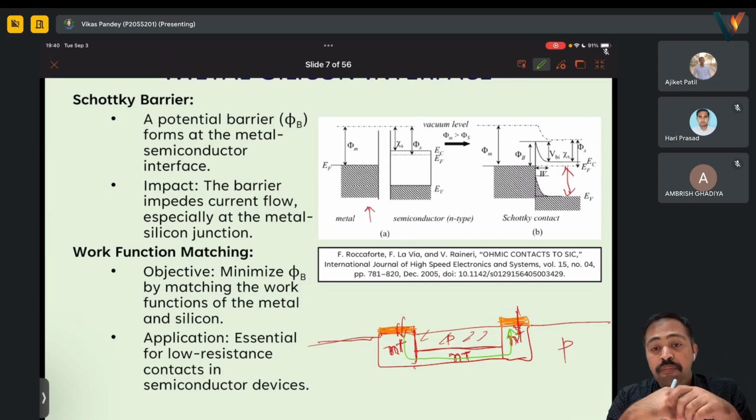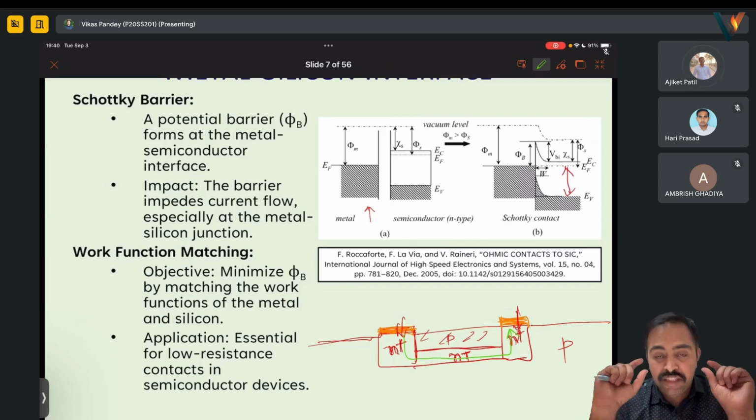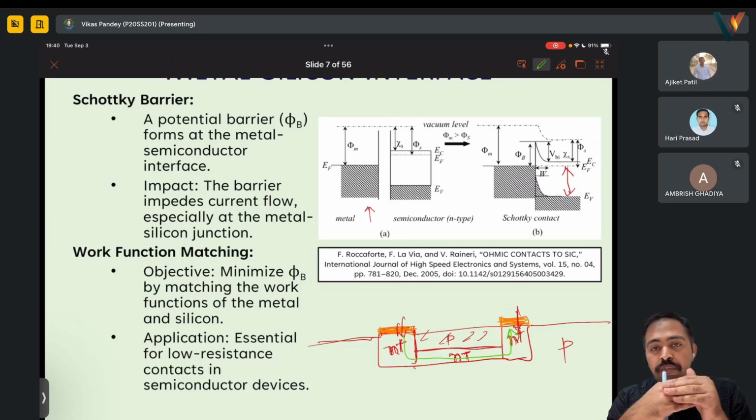But if we are not matching the metal and silicon interface properly, we might not get what we want. The reason can be the Schottky contact that we are creating. We might not be matching the work function for this interface, and the potential barrier, that is phi b, can be larger.